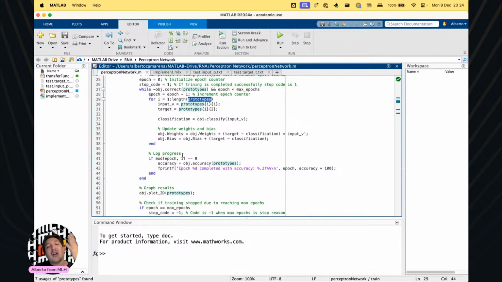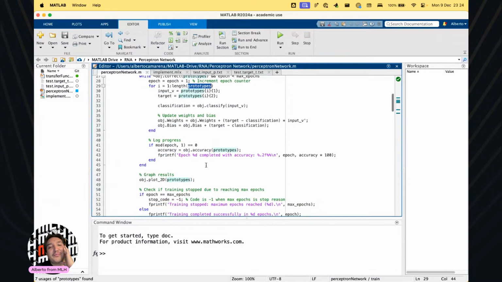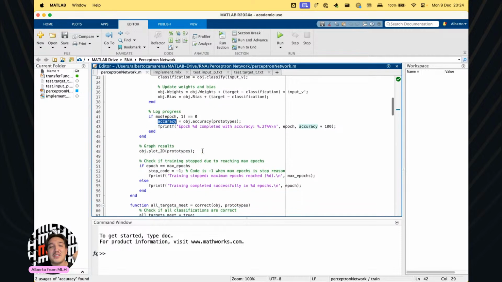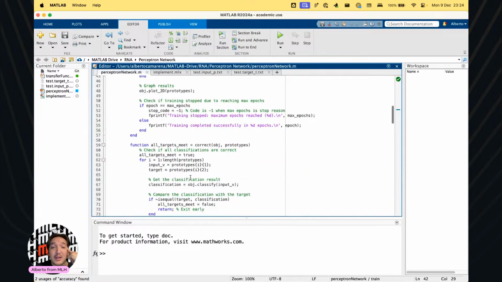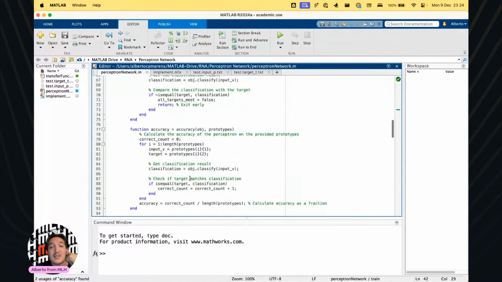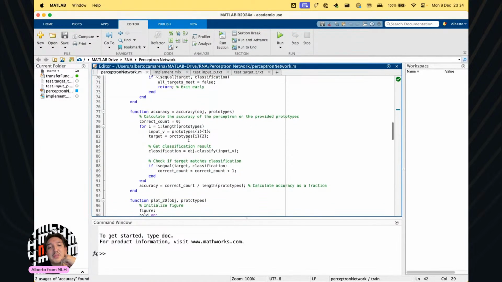Then we log the progress. We have an accuracy. The accuracy method that we called is defined here. So we just calculate the accuracy of the perceptron on the provided prototypes. Again, we run the classification for every element in the prototypes, and we check if the target and the classifications are equal, like if this is classifying right.